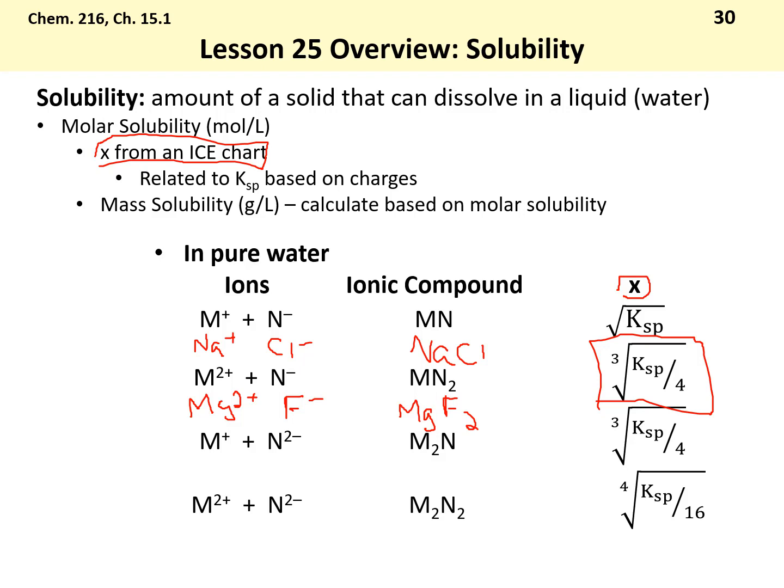We would get the same thing if we had a cation that was positive and an anion that was 2 minus. This would be, let's say, if I had O2 minus and Na plus. And let's say I had something that was 2 plus and 2 minus, right? Then I would get this value right here, right? All right.